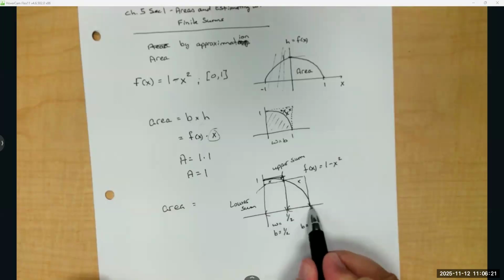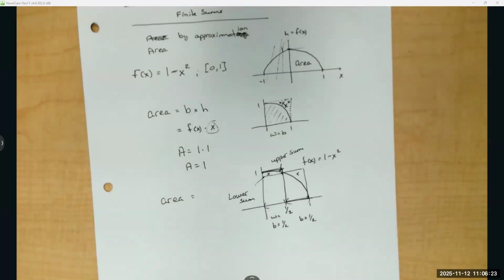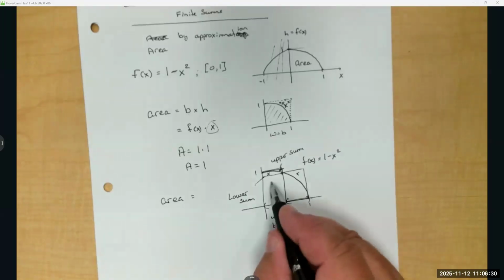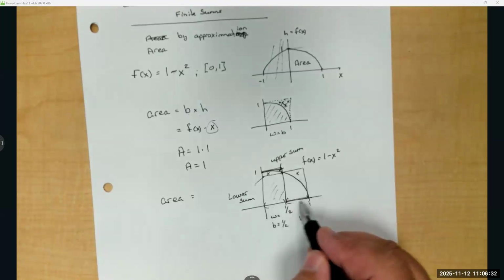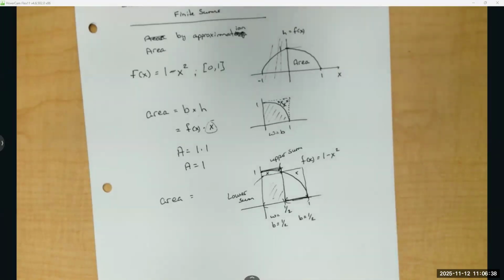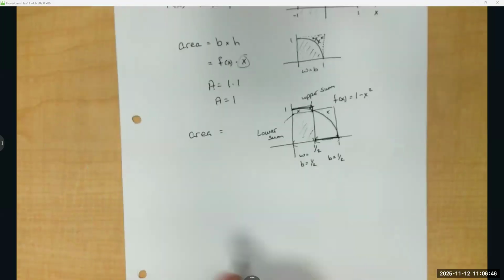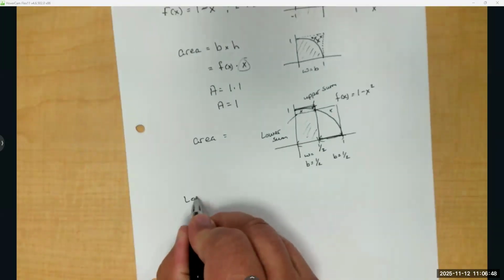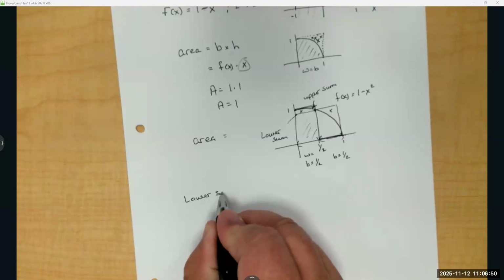Well, if we use lower sum, we're going to have grossly underestimated, because we're going to be looking at this area, and there's no area here because the lower sum is on the right-hand side. In mathematics, you have to use something that's consistent.